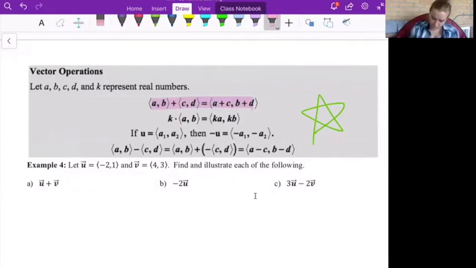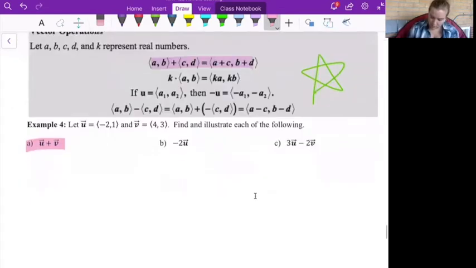So that's what we're doing here. If we have -2, 1 as u and 4, 3 as v, then u plus v is going to be -2 plus 4, comma 1 plus 3.